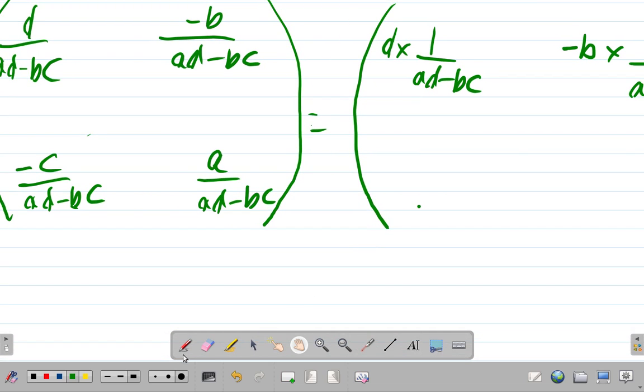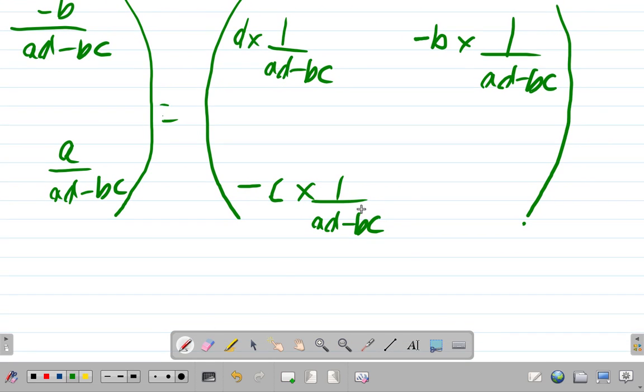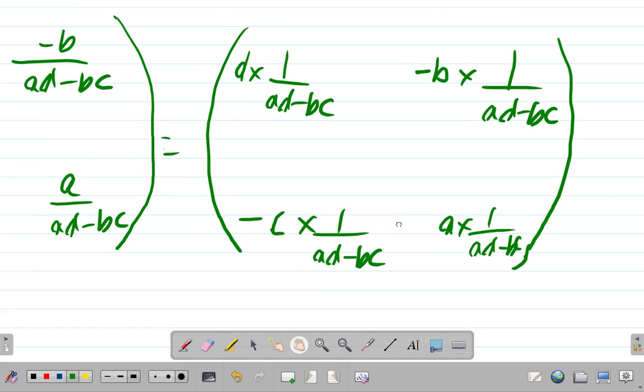This minus C over AD minus BC is really minus C multiplied by 1 over AD minus BC. And then here, A over AD minus BC is the same as A multiplied by 1 over AD minus BC. So you see that.